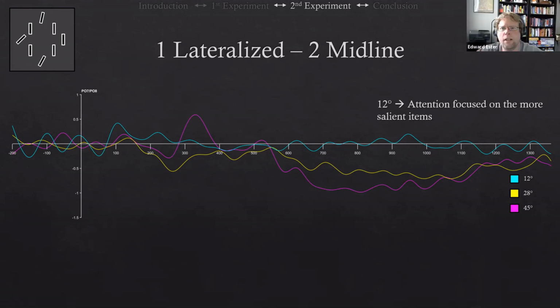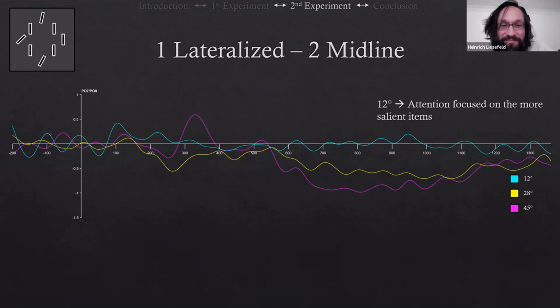Maybe I can give an answer as well. If you look at this graph, it's a violet line here. What you see before the positivity seems to be a slight negativity, right? And the thing with ERPs is that if there are multiple components that overlap each other, they will tend to cancel each other out.